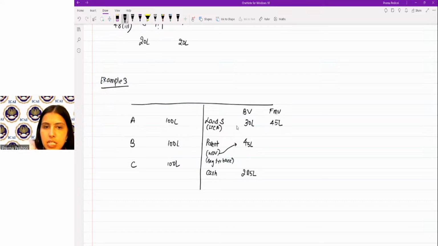Patent is 60 lakh. And then there is self-generated goodwill of 30 lakhs.